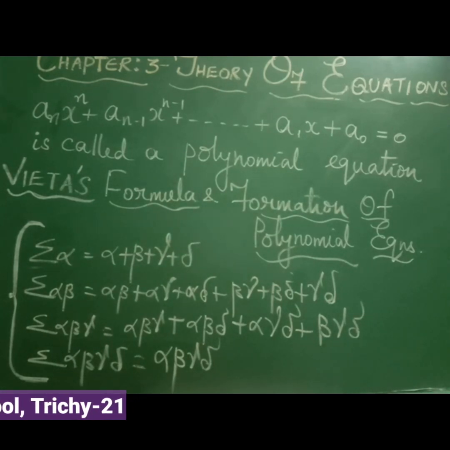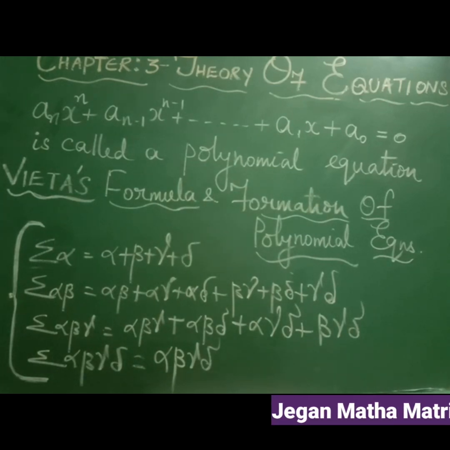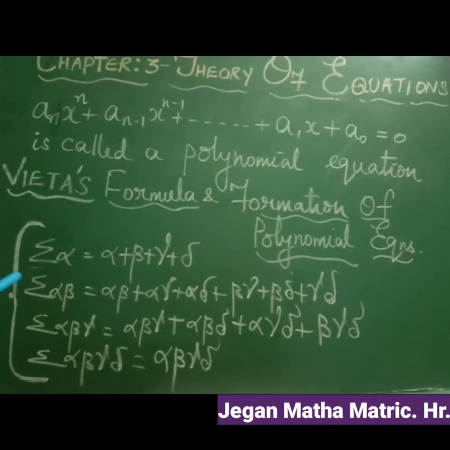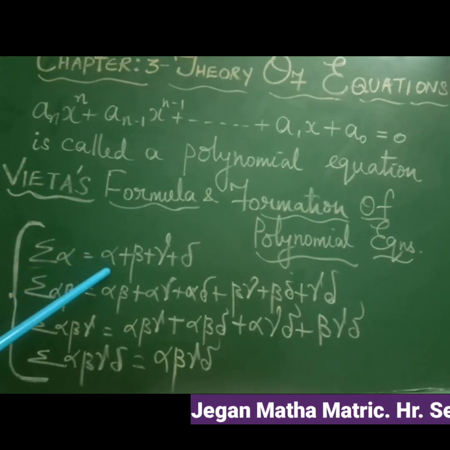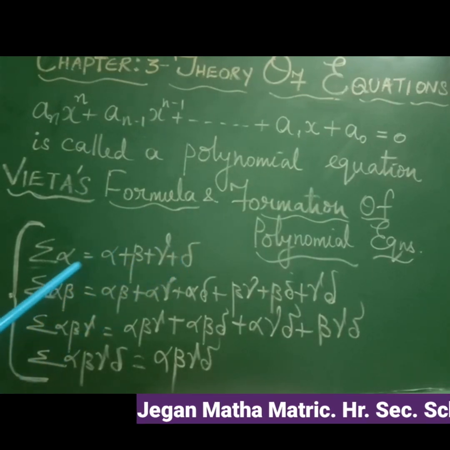The general polynomial equation is what? a_n x to the power n plus a_(n-1) x to the power n minus 1, etc., plus a_0 equal to 0. Now, Vieta's formula: if you are considering 4 different roots, alpha, beta, gamma and delta are the 4 roots. First, sigma alpha, that is the sum of the roots separately: alpha plus beta plus gamma plus delta.